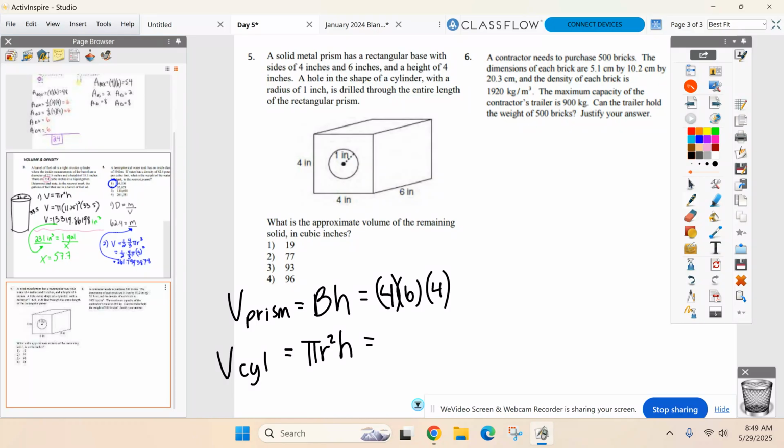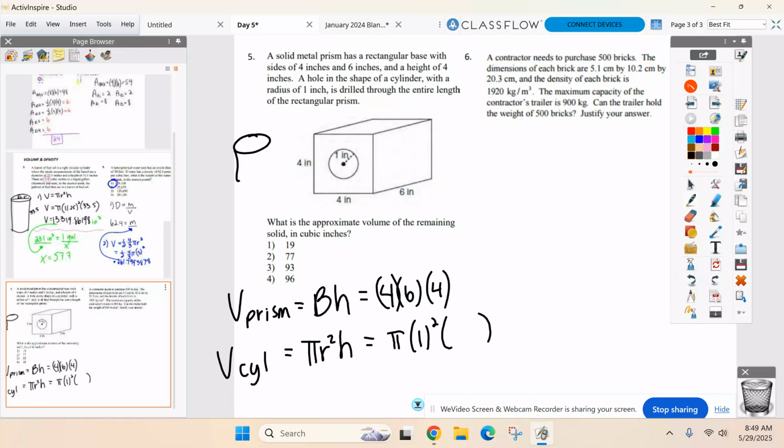Here's why I'm doing this problem with you. I have no issues. Everyone knows the radius is 1. How about the height, though, of this cylinder? Because remember, the cylinder's not like this in the prism. It's going here. There's your cylinder that you're cutting out. Taylor, height? It would be 6, not 4. Everyone good? The height of that cylinder is 6, not 4.